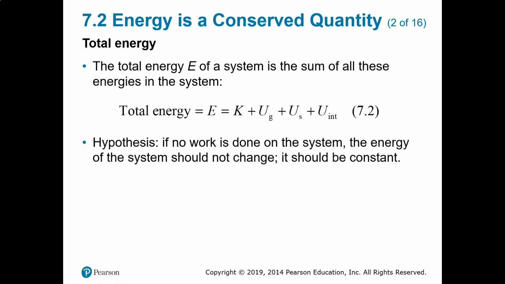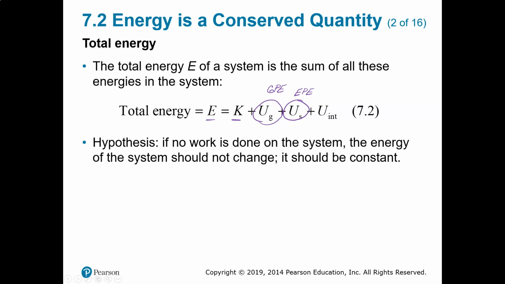As we look at the total energy of the system, the total energy, big E, of our system is the kinetic energy, our energy of motion, our gravitational potential energy, or GPE, our elastic potential energy, or EP, and our internal energy.